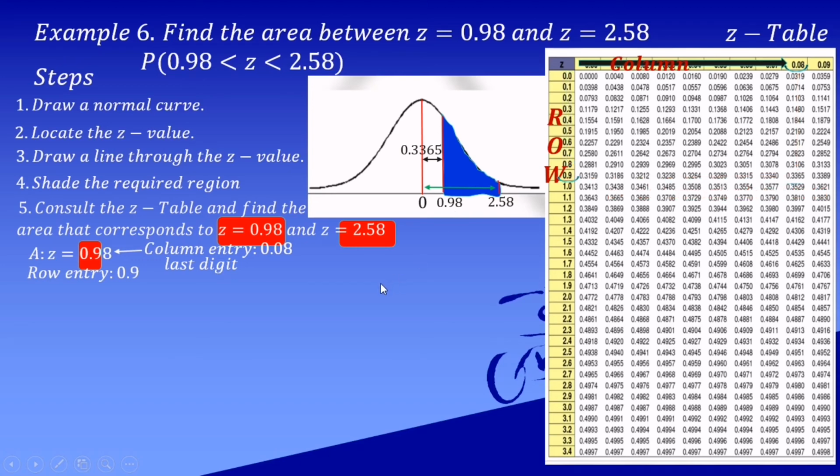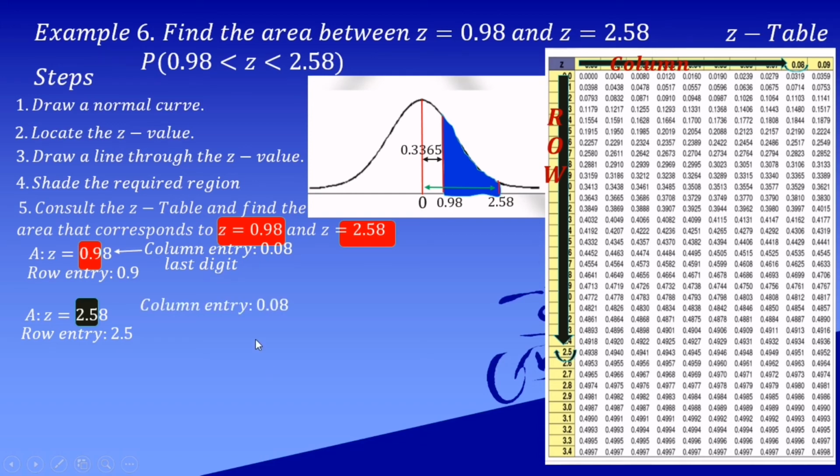And another Z value, our Z equal to 2.58. The first two digits, that is the row entry, 2.5. Then the column entry, which is our last digit.